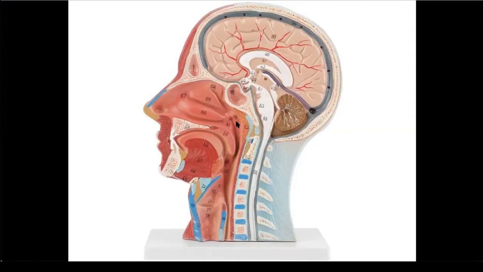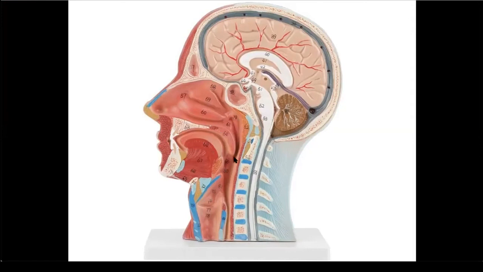The pharynx is going to begin here and run down to here. You'll need to be able to distinguish the different regions of the pharynx and be specific when you're answering questions on the pharynx. Don't just put pharynx, but tell me exactly what region of the pharynx it is.